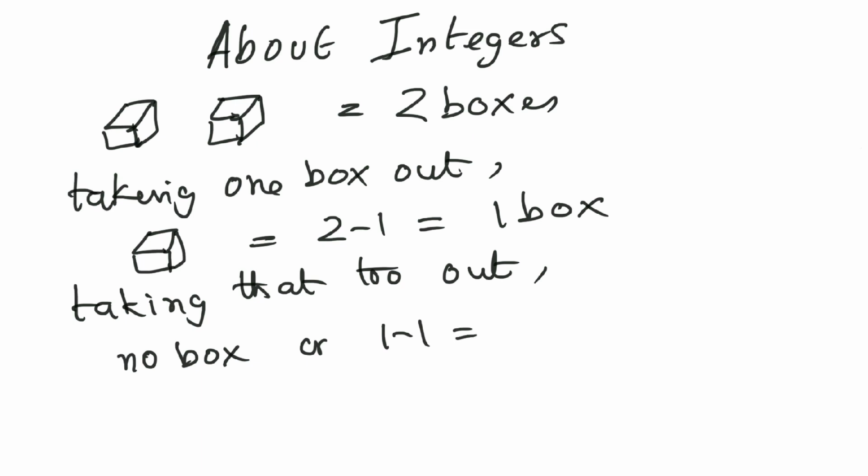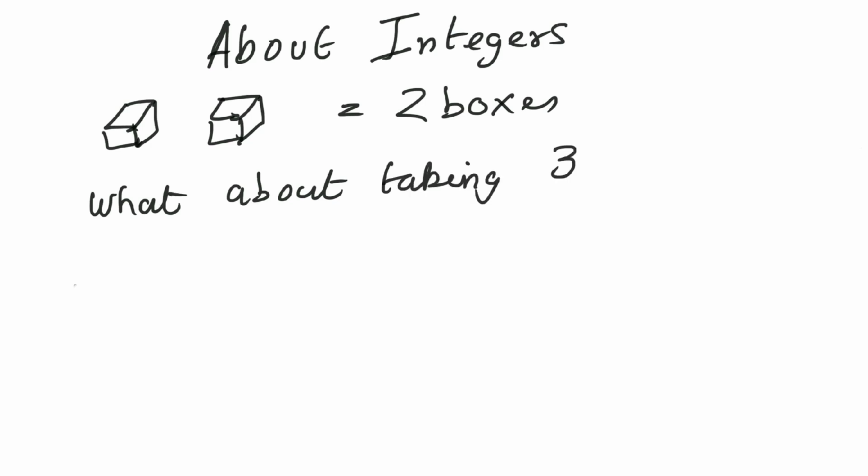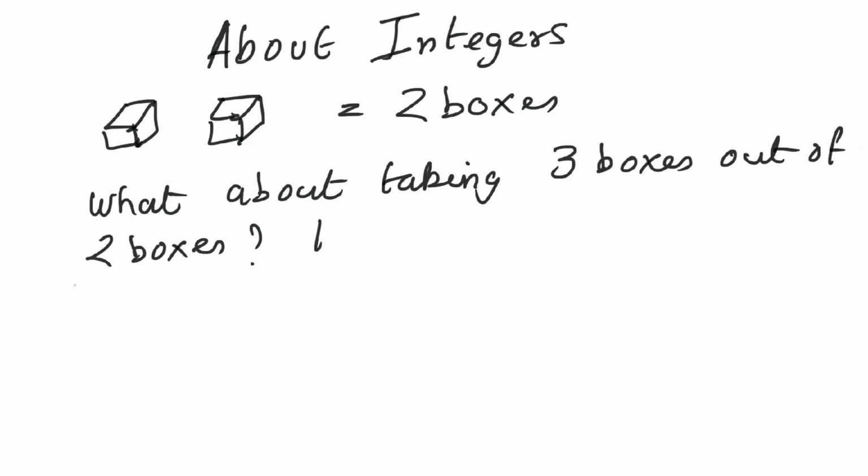So 0 represents, as we have discussed in quite a detailed manner in the previous video, emptiness, or it basically means that a distinct object or a distinct operation is absent. Now what about taking 3 boxes out of 2 boxes? Naturally and obviously this is practically impossible, but it can be expressed in mathematics.